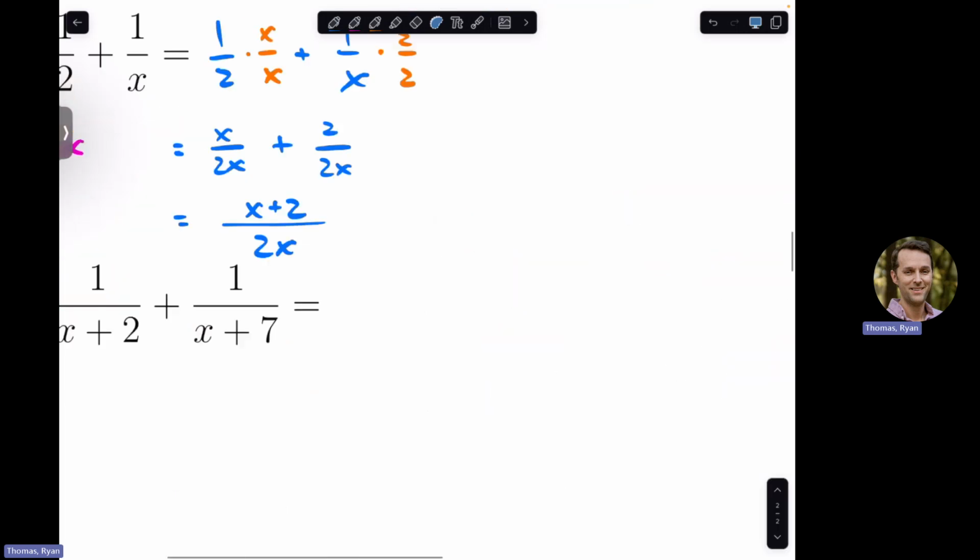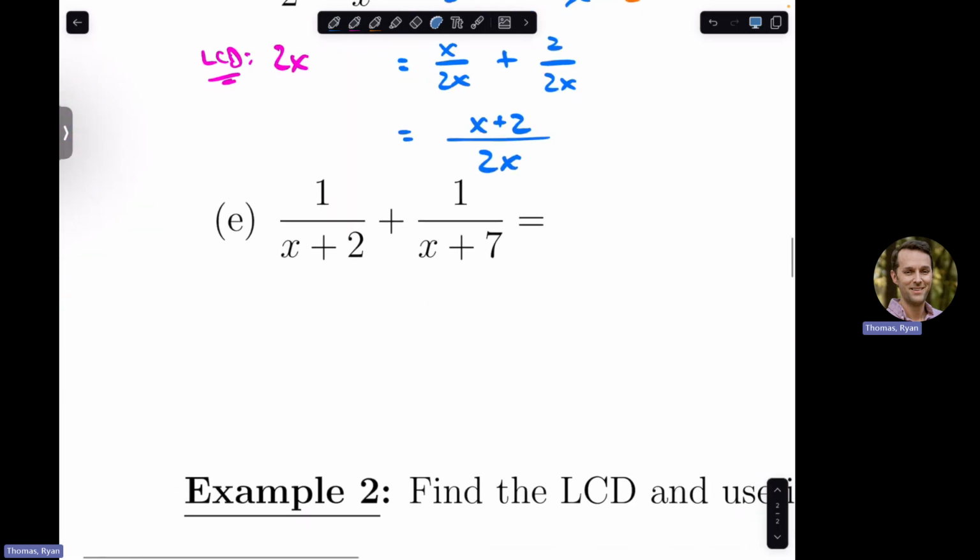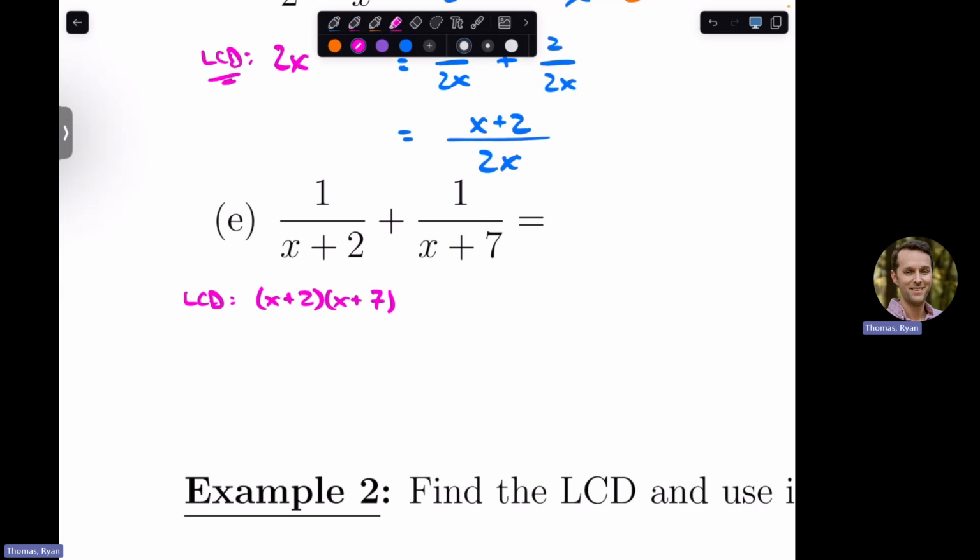Okay. What's the LCD here then? X plus 2 times x plus 7. Basically, all we can do here is treat these as stand-ins for a variable.